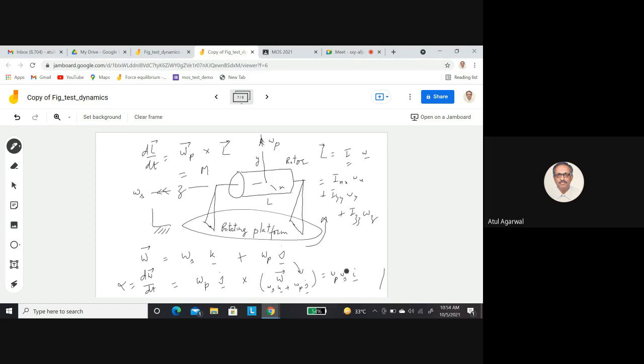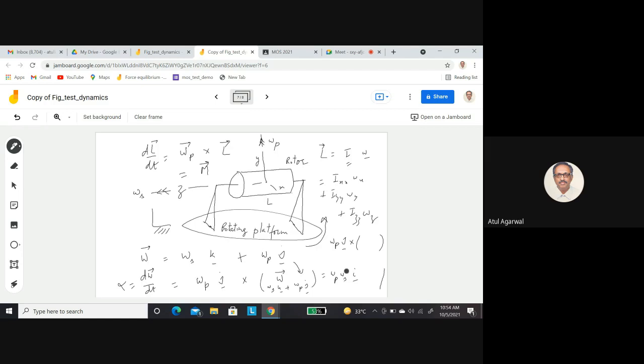What is the torque applied? The torque applied will come from the support onto this rotor. So there have to be some forces here. If you just try to find the torque applied, here omega p j cross omega x is 0, Iyy omega y.